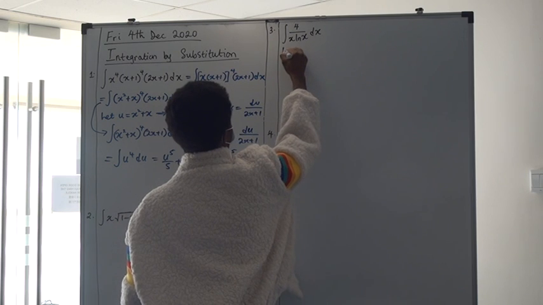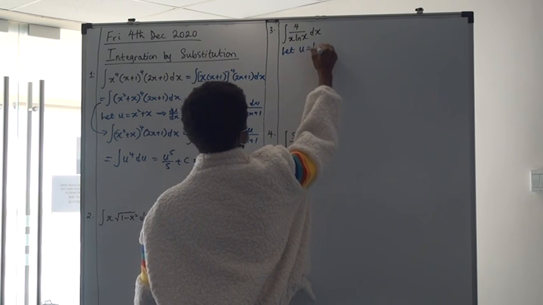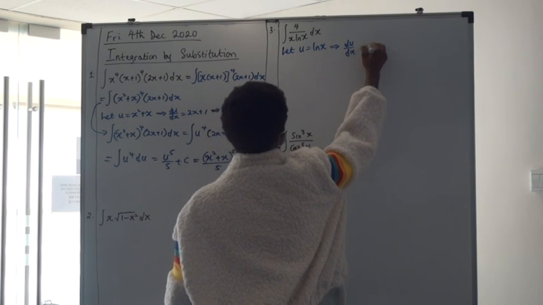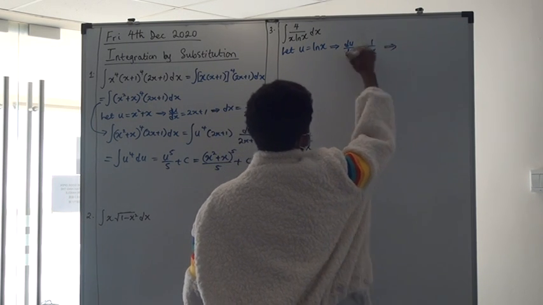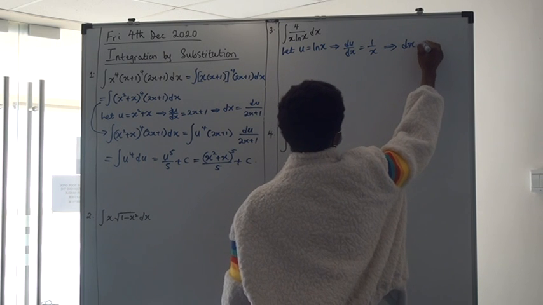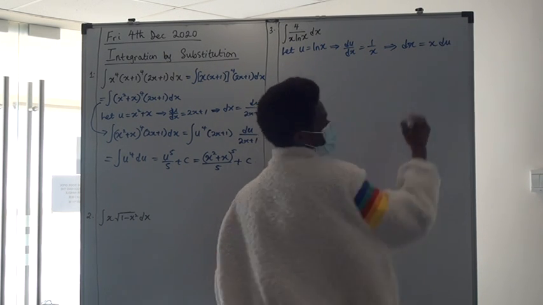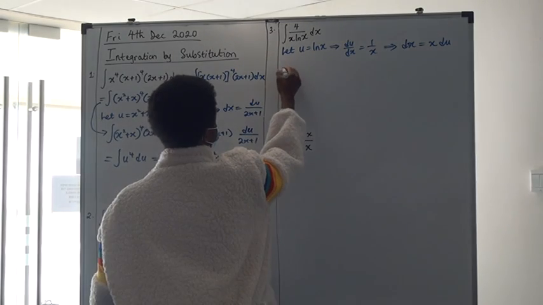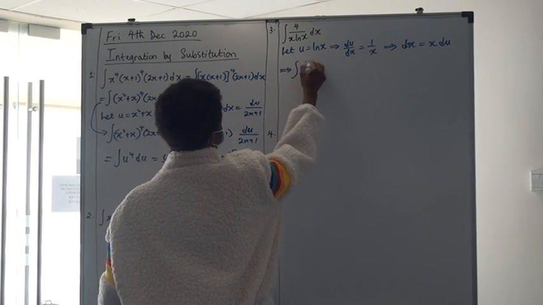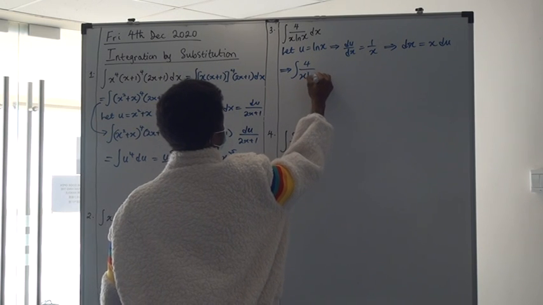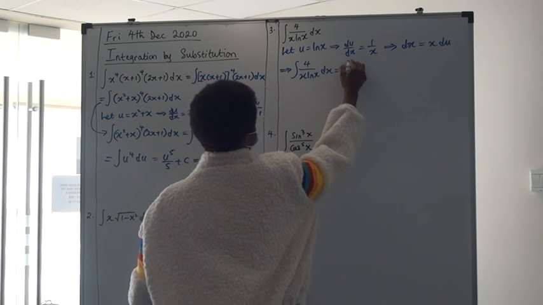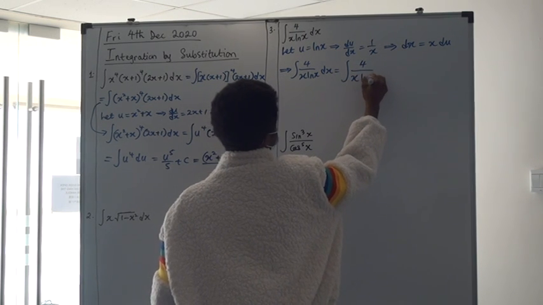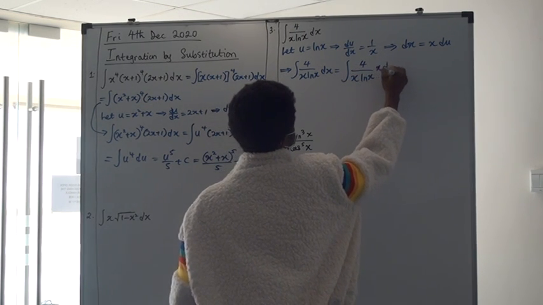So you say let u be the natural log of x, which implies that your du dx would be 1 over x. And if you cross multiply directly, your dx is equal to x du. That's very easy elimination, right? So, which implies that the original problem is equal to 4 times the natural log of x, x dx.